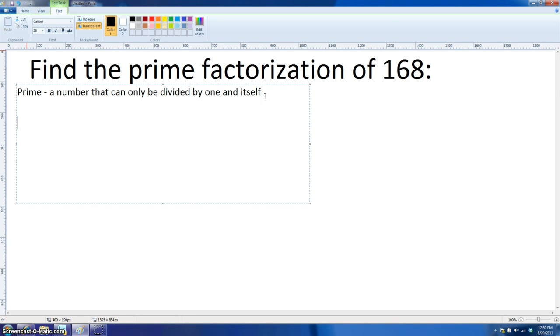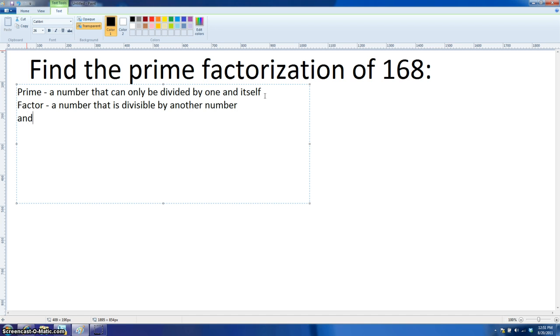And I also know what factor means, something that we learned in 5th grade. Factors: a number that is divisible by another number.